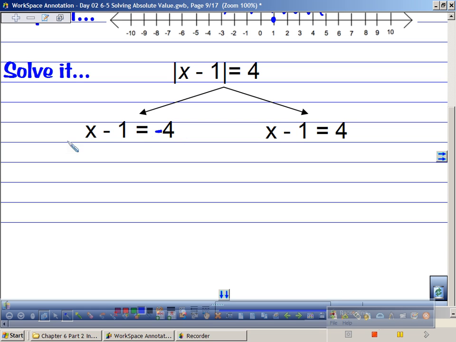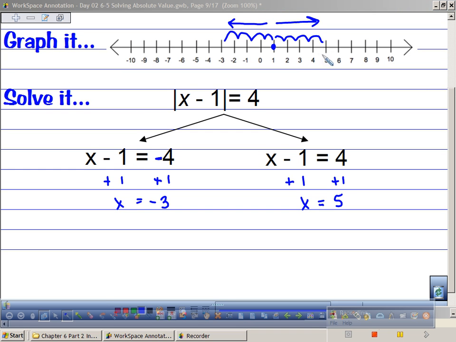How do I solve for this? Add 1 to both sides. If I add 1 to both sides, I get x equals how much? Negative 3. And if I add 1 to both sides over here, I get x equals 5. This says 5.